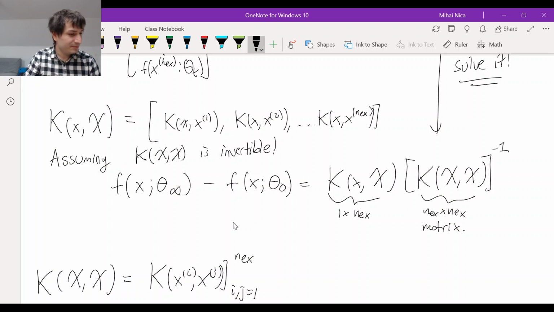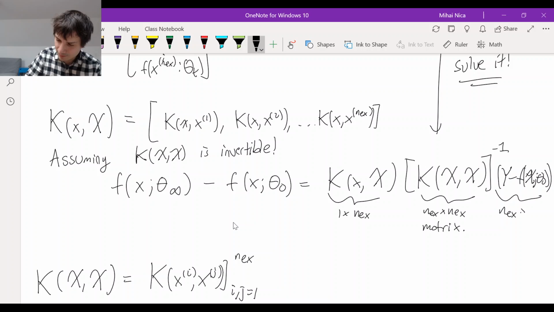So you do the inverse, and then you multiply by this thing we had before, y minus f of x theta 0.